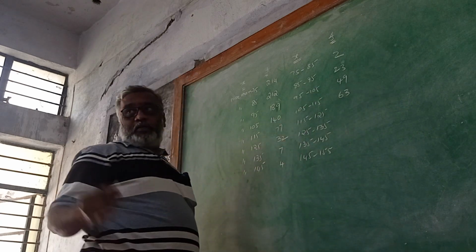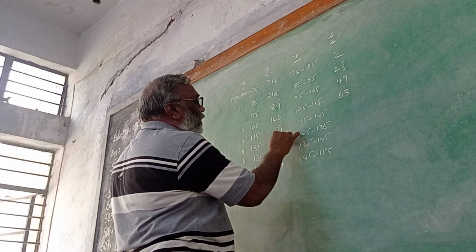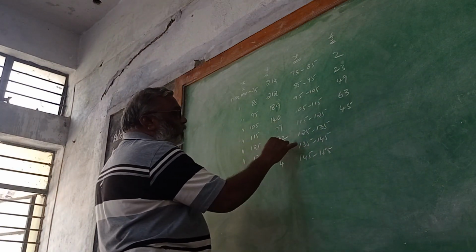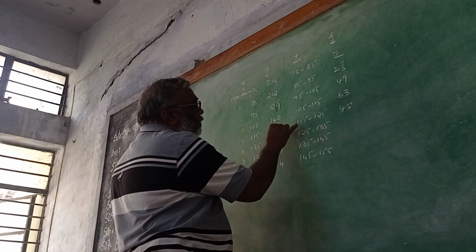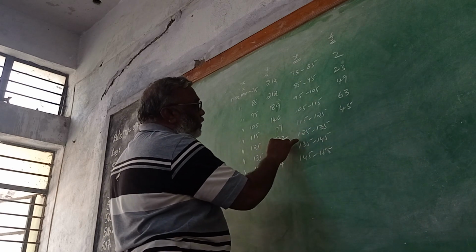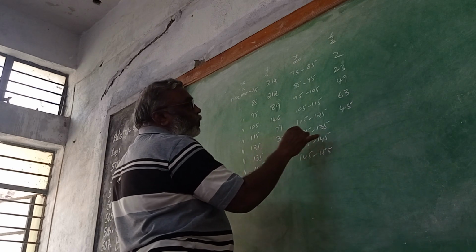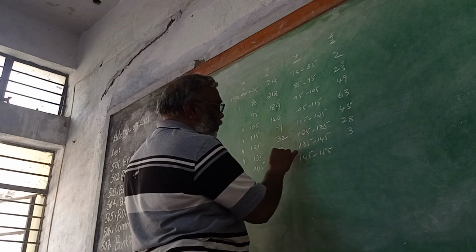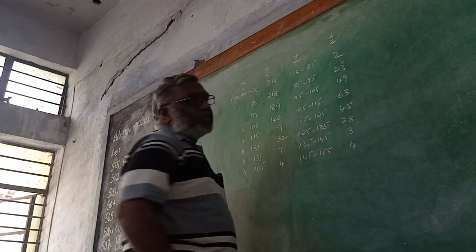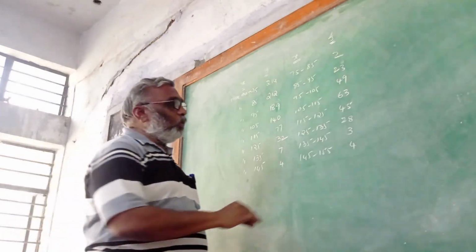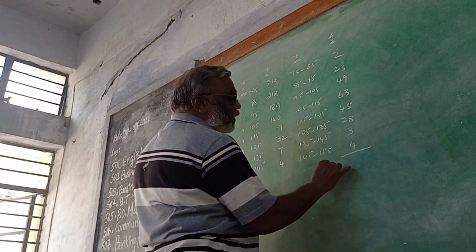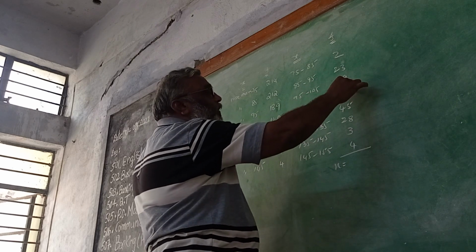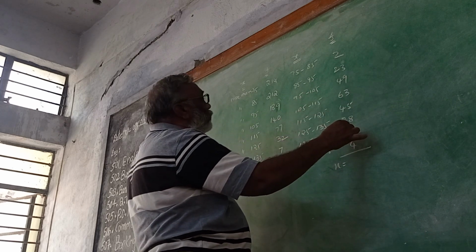Is it right? Yes. 73 minus 32, 45. Right? 40, 45. 28, 3, 4. Last one is as it is, 4. Okay, n is equal to 5, 14, 17, 22, 30.